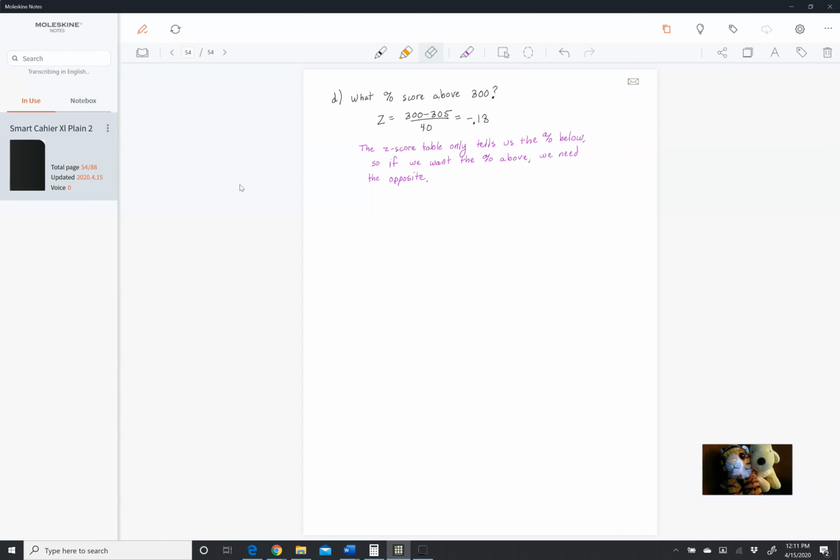We know that the total is 1, right? Total is 1. So if we want the opposite, we can just subtract the value that we got on the z-score table from 1.